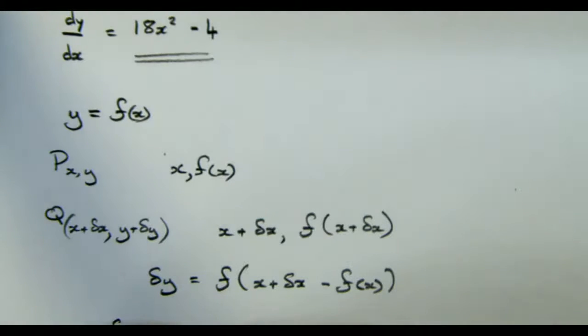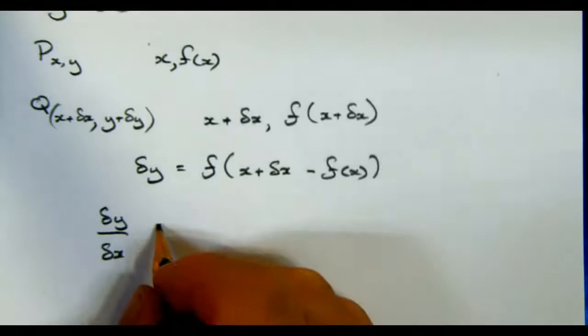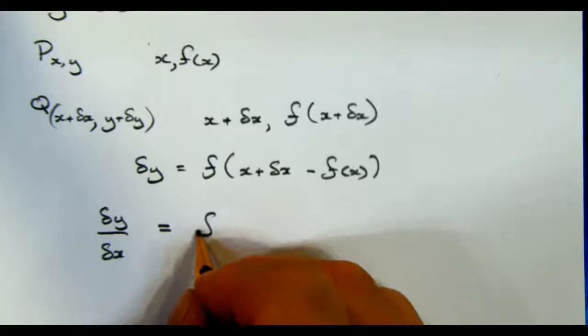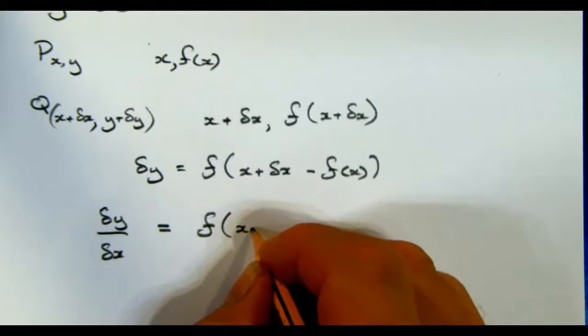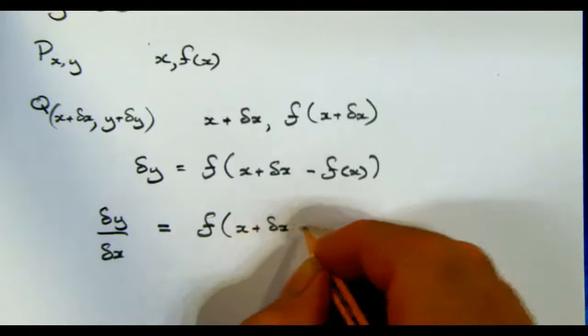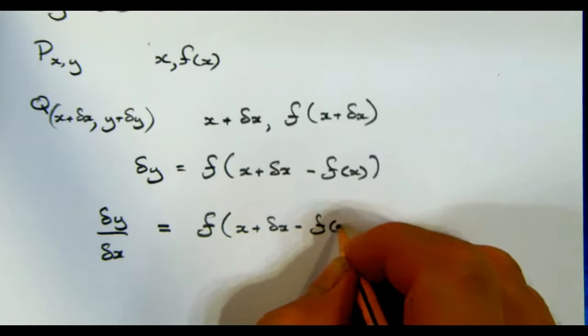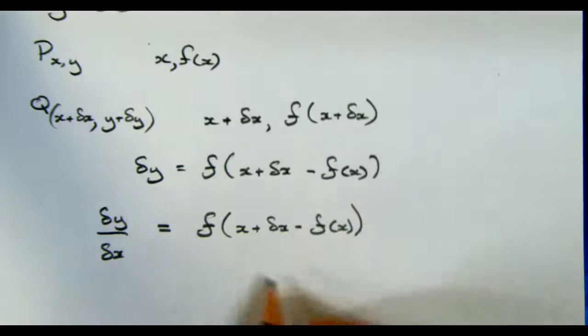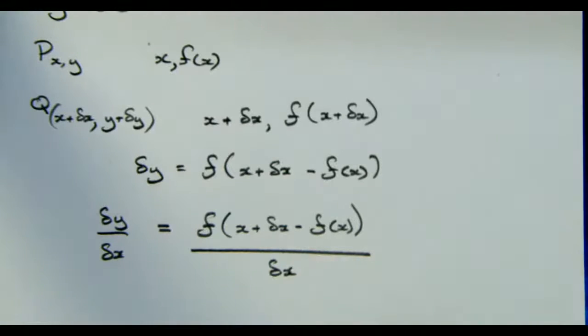So delta y over delta x is going to be some sort of function of x plus delta x minus the function of x, all divided by delta x.